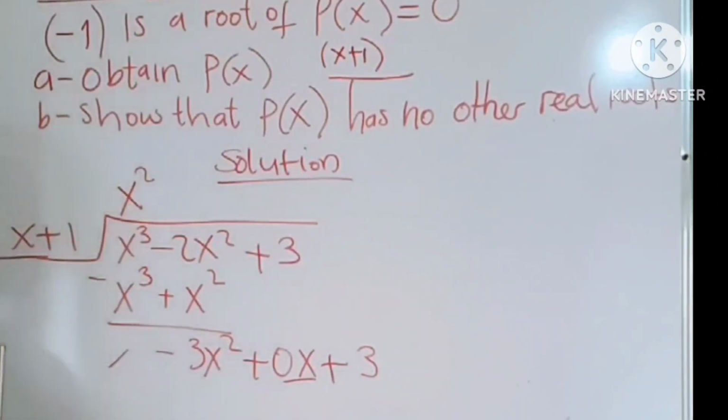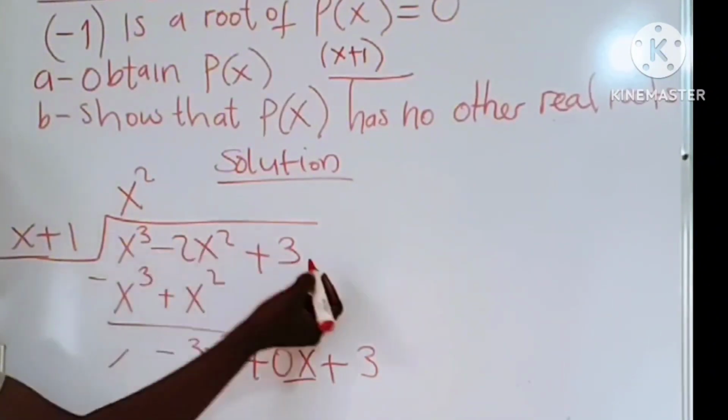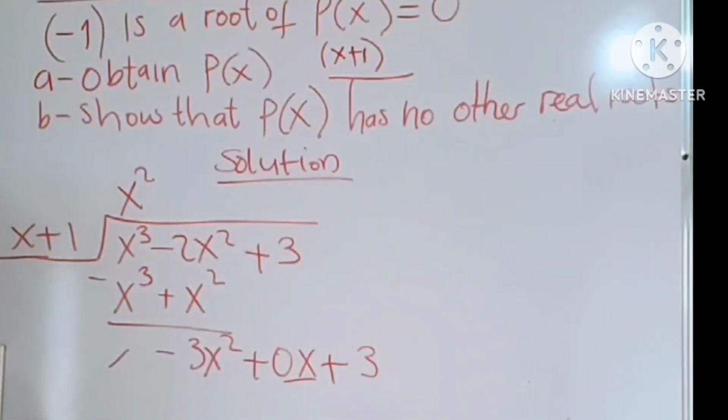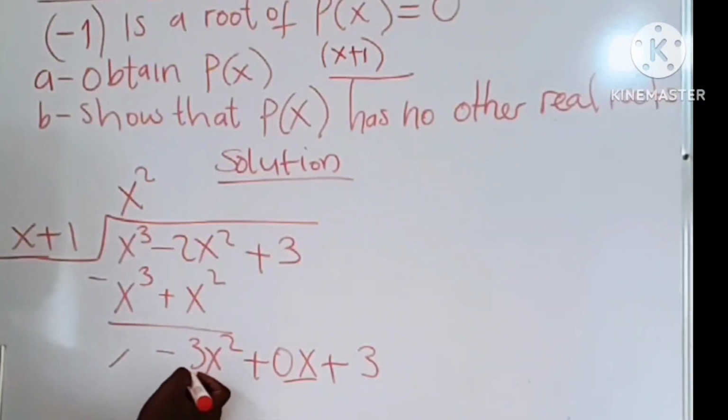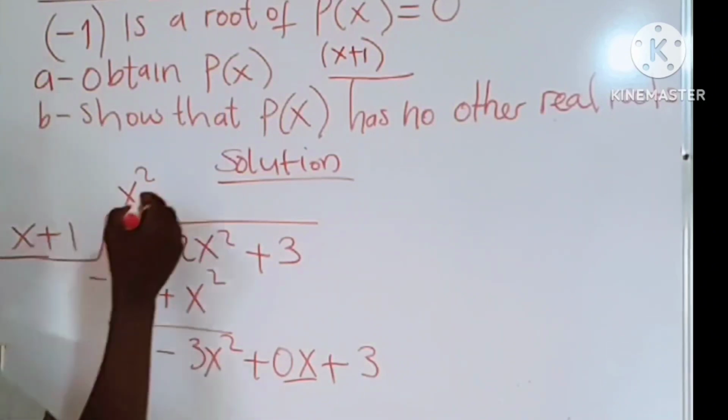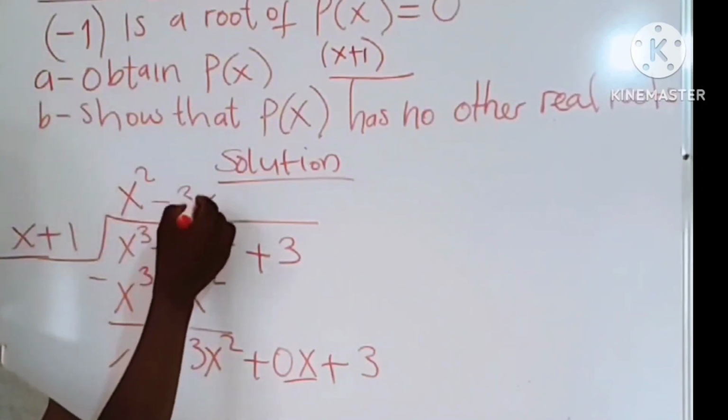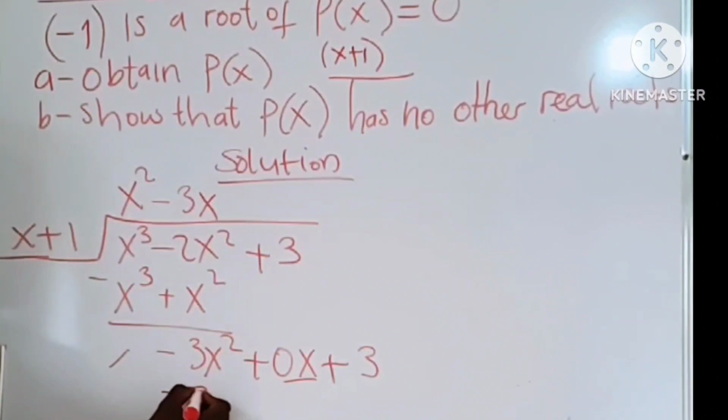Now I've inserted 0x because there's nothing here in x to the power 1. So I've included 0x. It means nothing. So the next number we divide is negative 3x squared. Divide x to give us negative 3x.